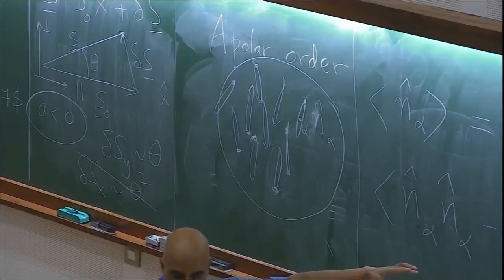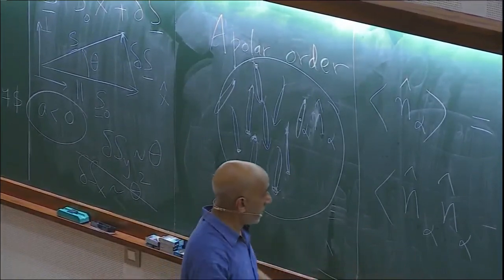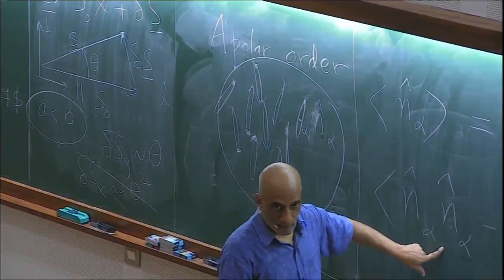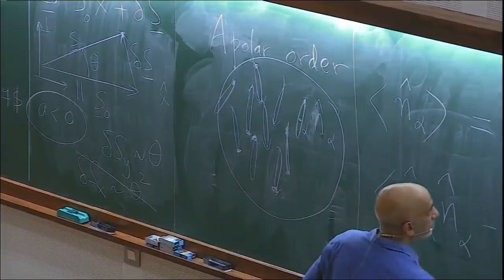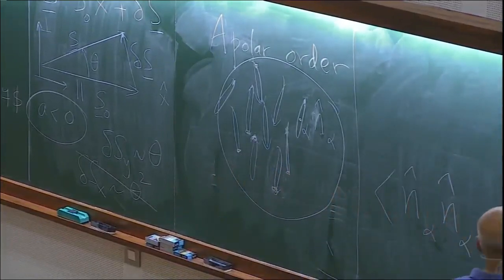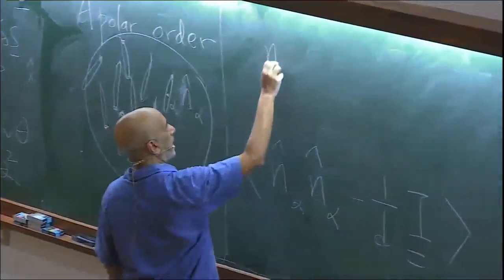How do you calculate an order parameter? To begin with, you write down a macroscopic order parameter. You take all the members of the system, and this is the same guy, alpha, alpha. That is n alpha i, n alpha j. It's called the nematic order parameter. So alpha labels the particle and i and j label directions.